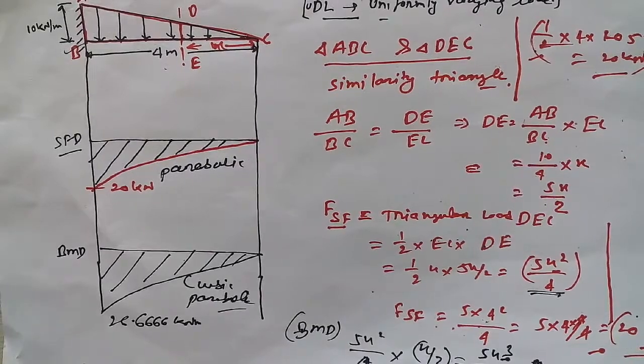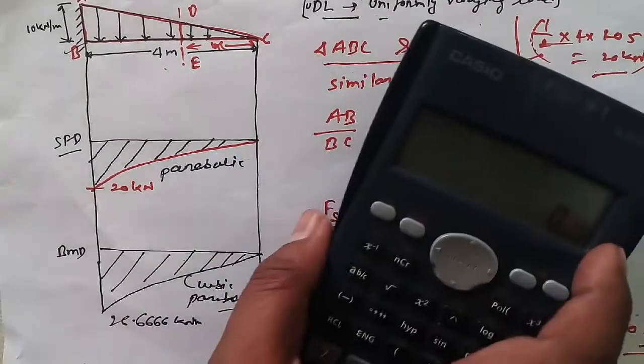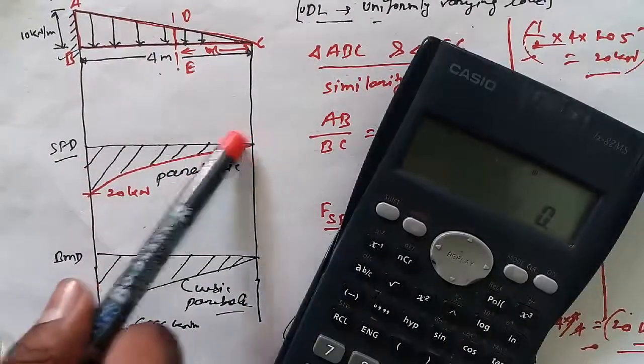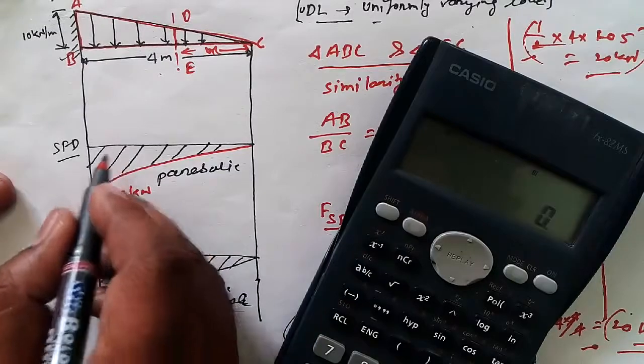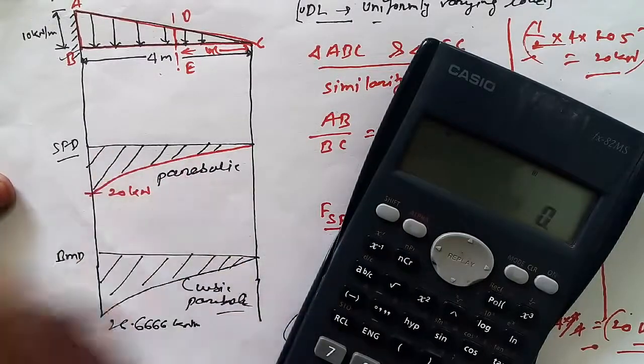What is that? I am telling you, my dear, don't worry. We have to find out the area of this parabola. In this type of diagram, we have to use a formula for finding the area of this parabolic diagram.